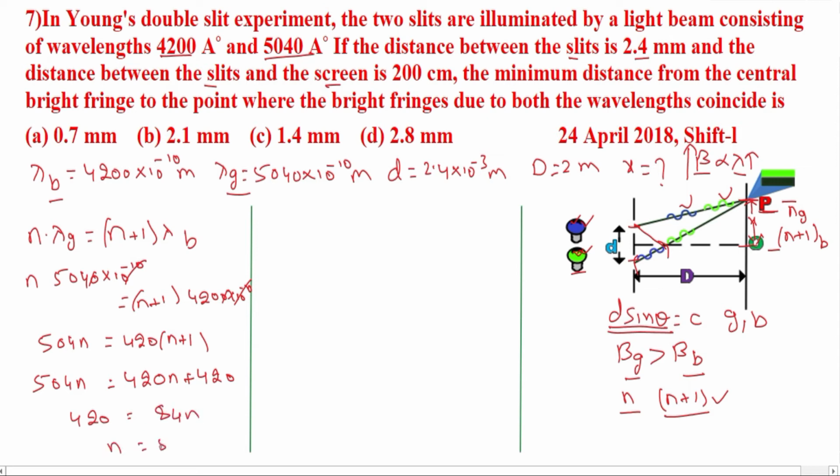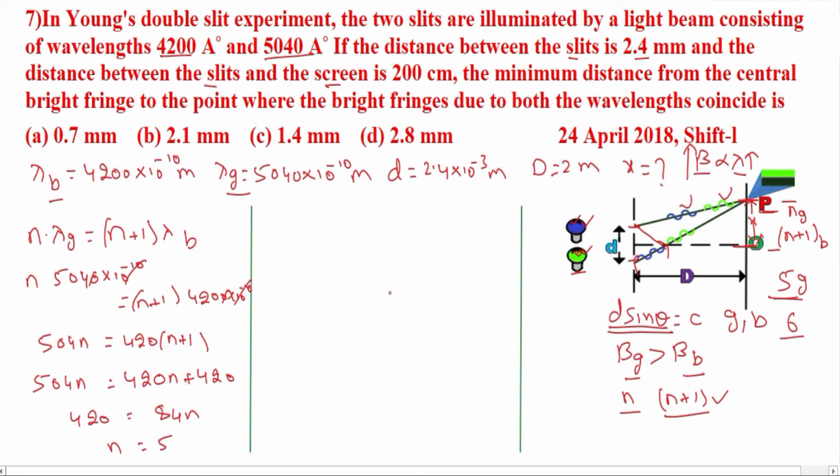That means from O to P, if I have 5 green bright fringes, then I will have n plus 1, that is 6 blue fringes. That is the arrangement.